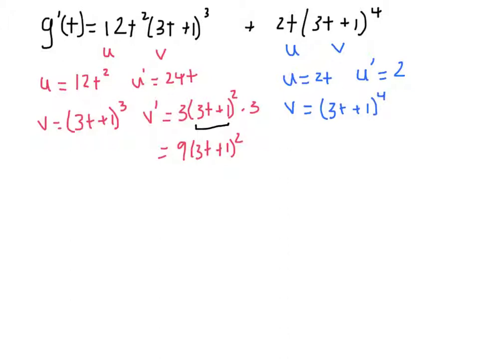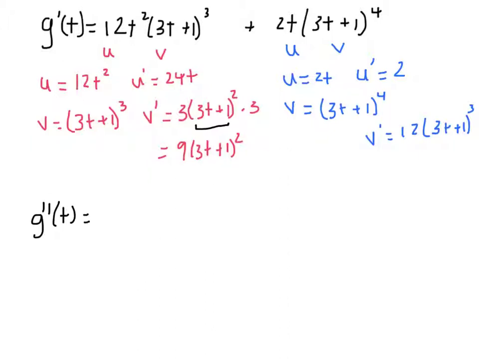And I've already done that derivative. That derivative from the last screen is 12 times 3t plus 1 cubed. Now to do g double prime, it's just a matter of running through this product rule twice. First with the red and then with the blue.